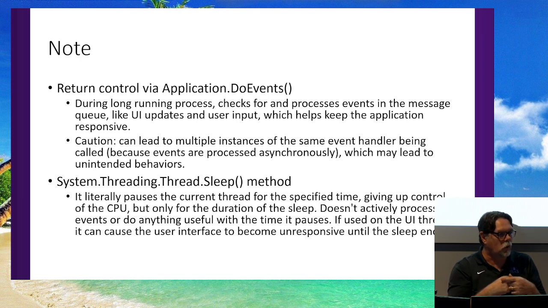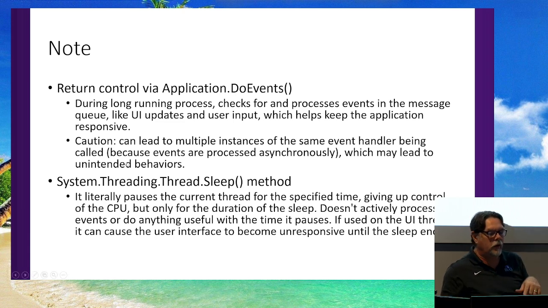So you're still holding on to exclusive access of the user interface. You're just giving Windows a chance to let somebody else have a turn, and then you take it back when the queue's empty. Similarly, another way to simulate the fact that you're not hogging the resources is to call Thread.Sleep and give it a number of milliseconds to pause.